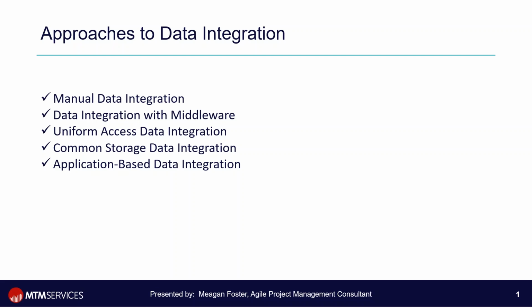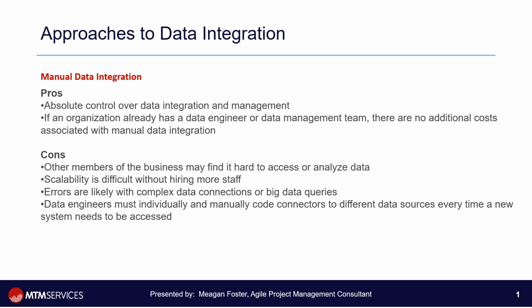and I'll go through these individually and discuss some of the pros and cons associated with them. So manual data integration is a process of integrating all the different data sources without any automation. And I'm sure a lot of teams have adopted this.